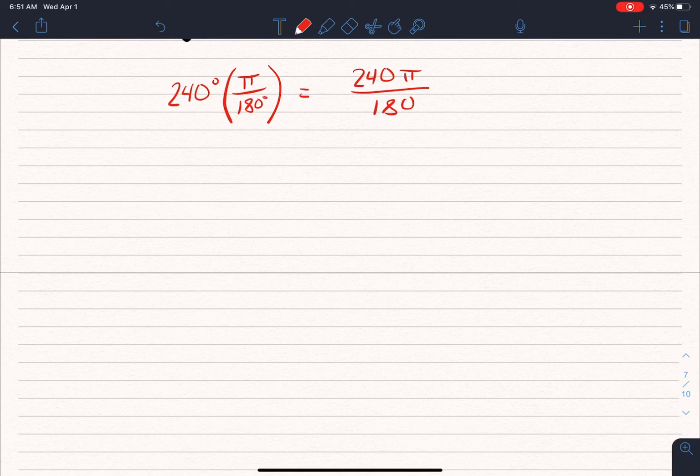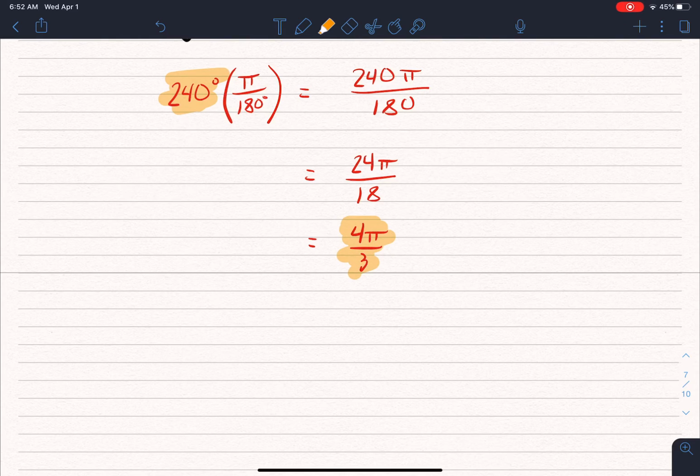The zeros also cancel out, and so I'm left with 24 pi over 18. What number goes into both 24 and 18? An easy one would be 6, and 6 goes into 24 4 times and into 18 3 times. So 240 degrees is the exact same thing as 4 pi over 3.